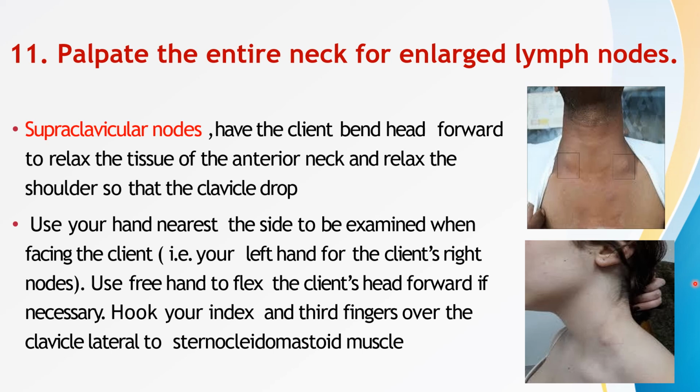Use your hand nearest the side to be examined when facing the client, for example, the left hand for the client's right nodes. Use the free hand to flex the client's head forward if necessary. Hook your index and third fingers over the clavicle, lateral to the sternocleidomastoid, here in this area.